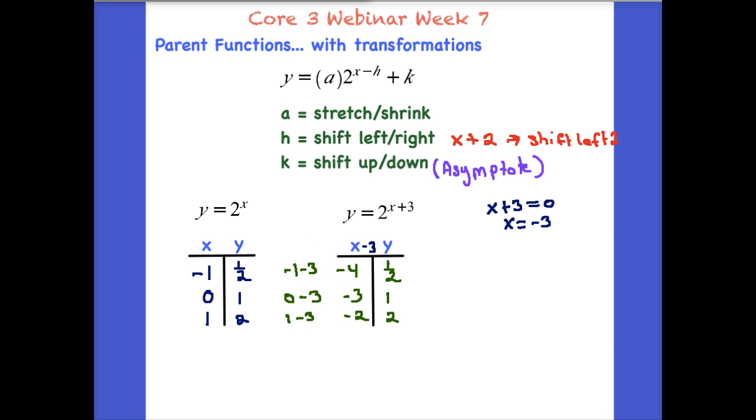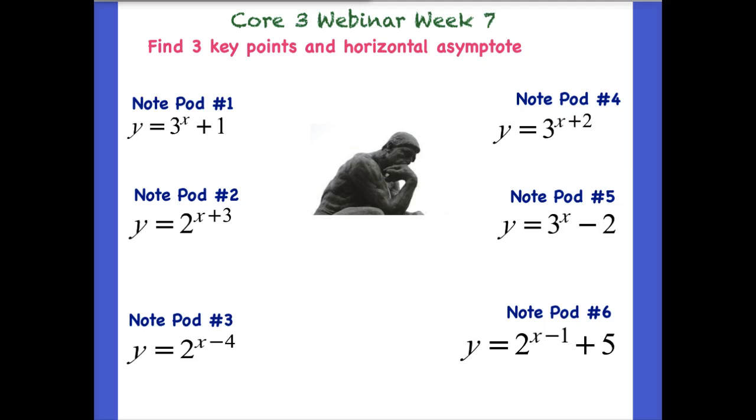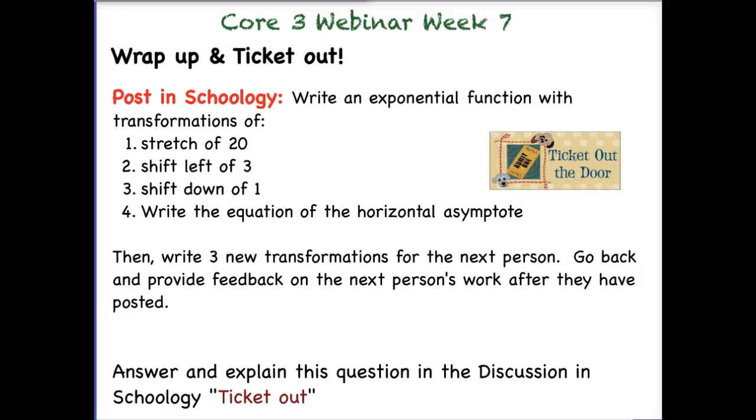So what I'm going to do for you guys to take it out is you guys are each going to get one in your notepads. You're all so lucky. And then when you're done, I'm going to do one more with you guys. But when you're done, your ticket out is kind of unique. What you're going to do is write an exponential function with these transformations: a stretch of 20, a shift left of 3, and a shift down of 1.